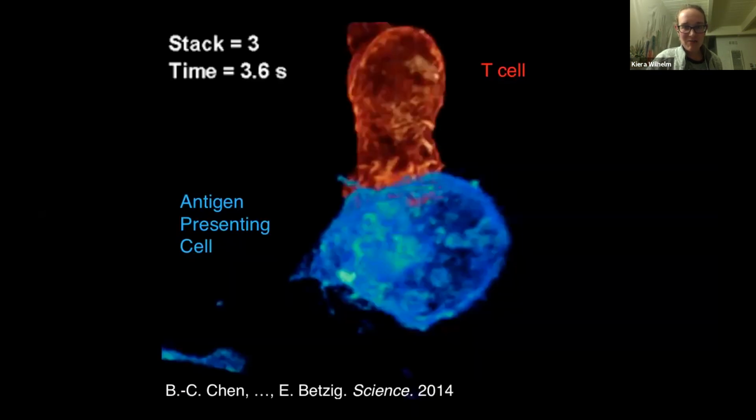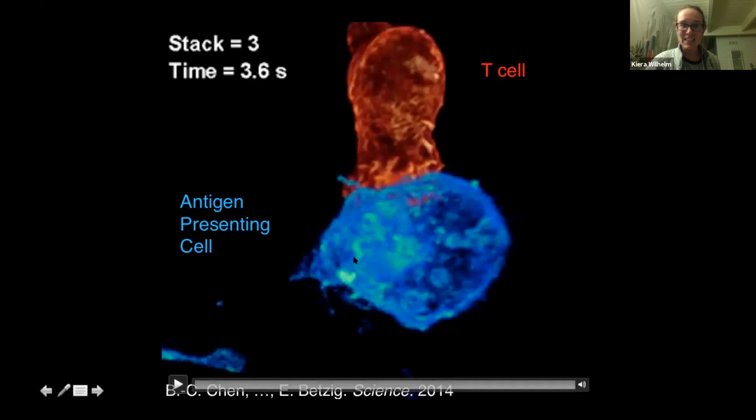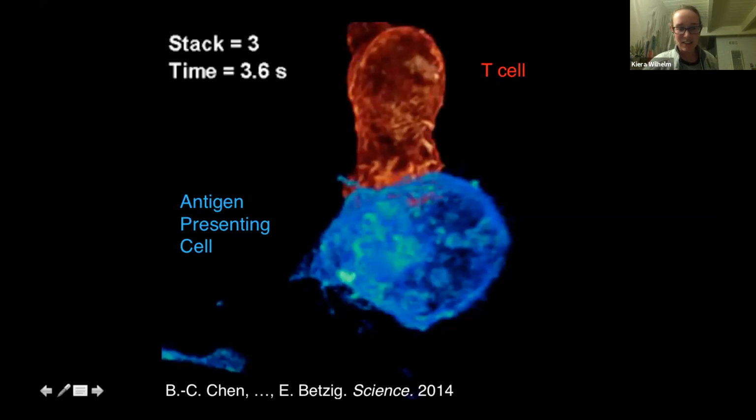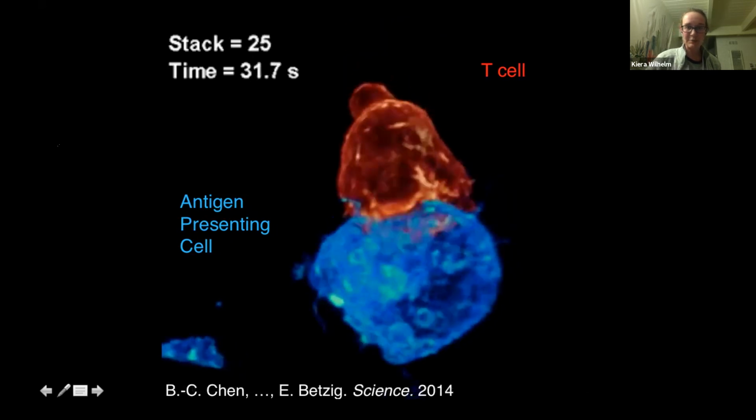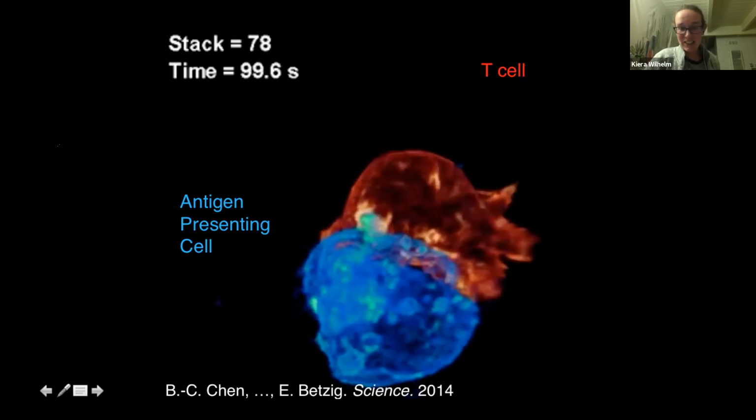And so I want to show a video of this T cell interacting with an antigen presenting cell. This is taken using a really nice microscopy technique that allows good resolution in 3 dimensions with good ability to see in time. And we can see this T cell landing on the antigen presenting cell.